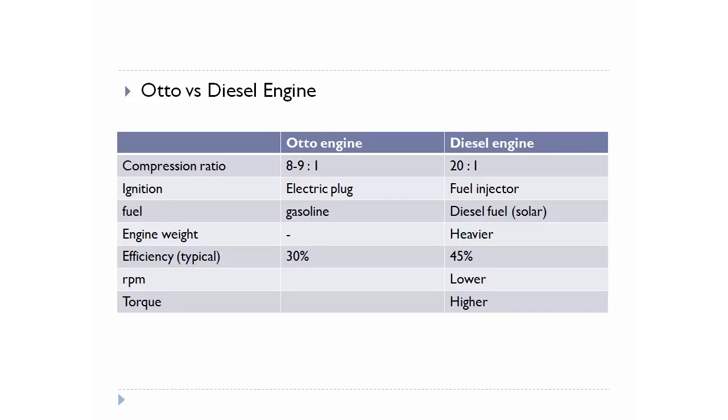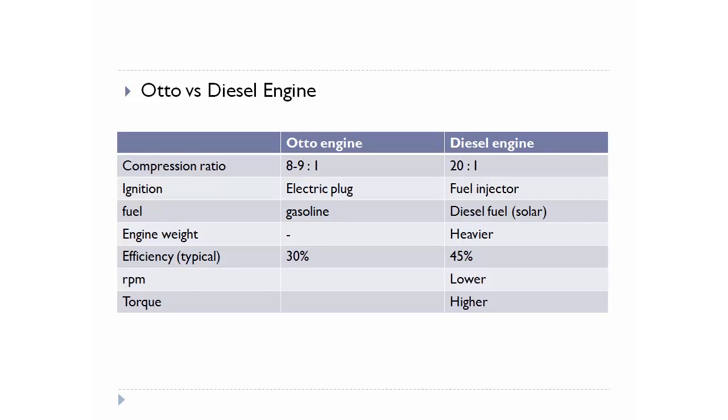This is the complete comparison between the auto engine and the diesel engine. You can see the compression ratio, as I told you before, is much higher for the diesel engine: 20:1 in comparison to 8 or 9:1 for the auto engine.